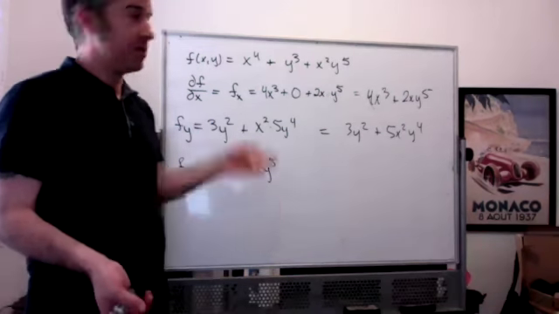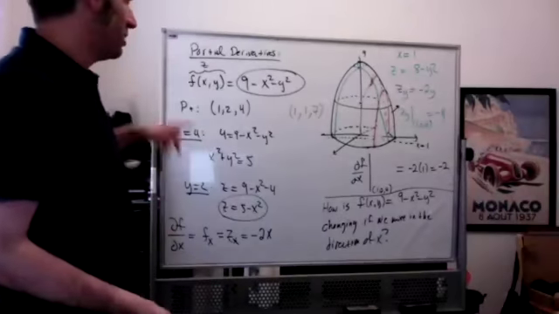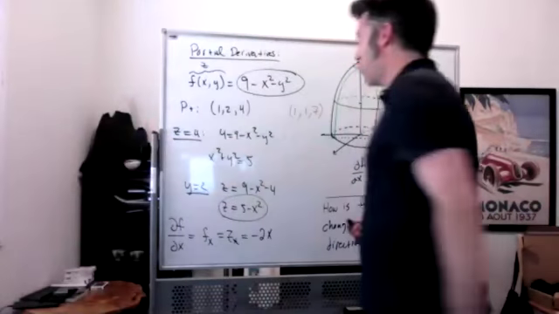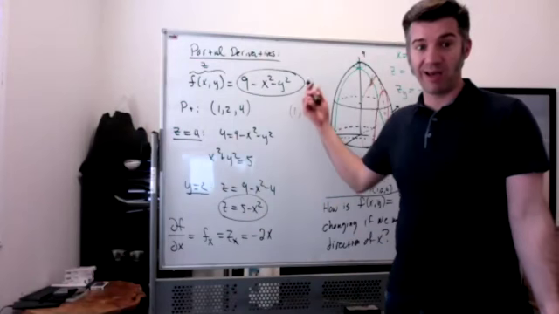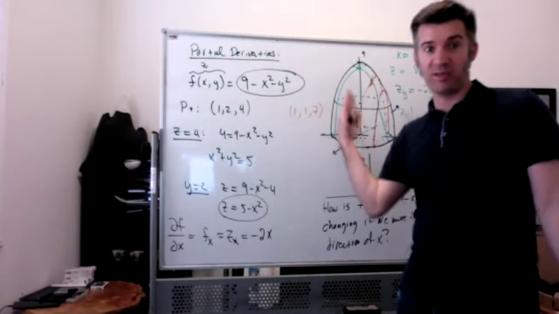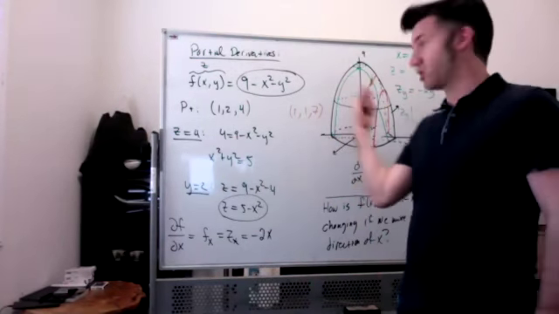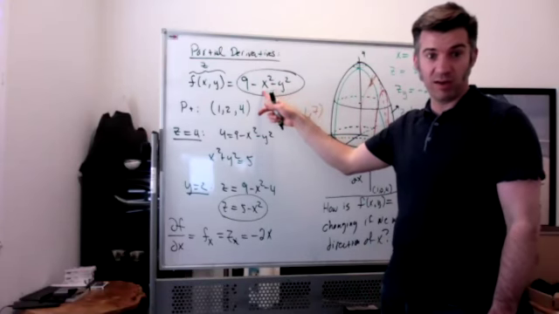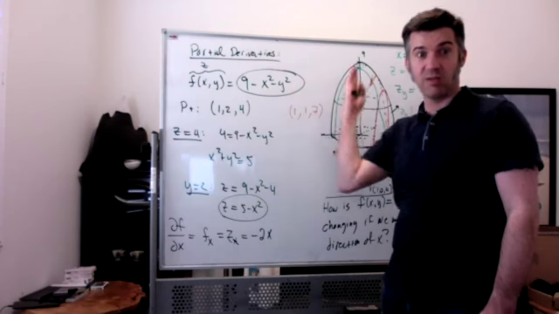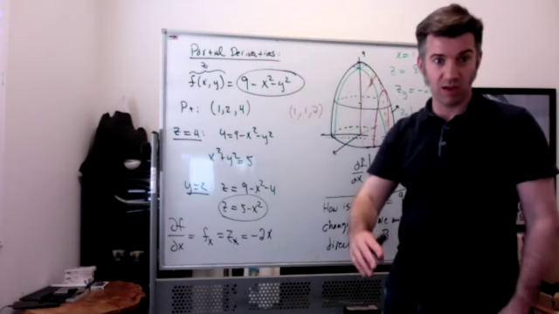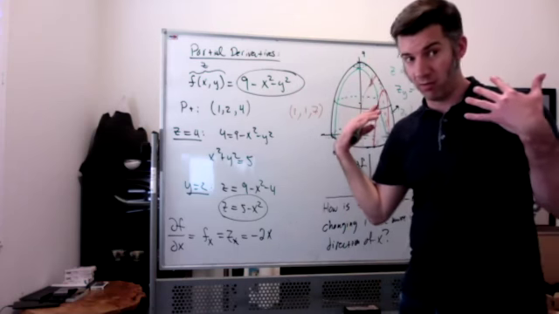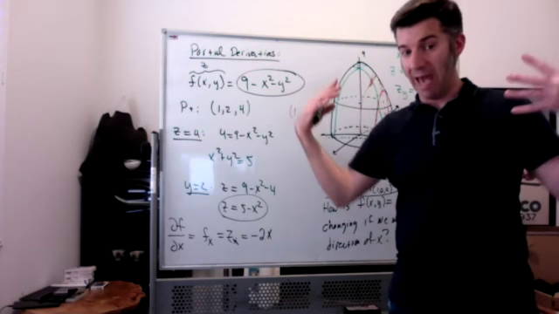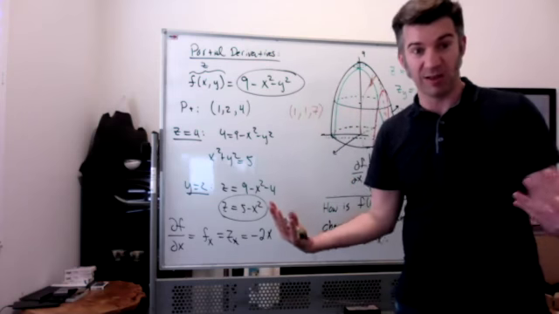So again, we're in this situation where we're saying, okay, I'm treating y like a constant. If I'm differentiating with respect to x, I'm only moving in the x direction. Y, for lack of a better phrase, is acting like a constant. Literally is a constant.